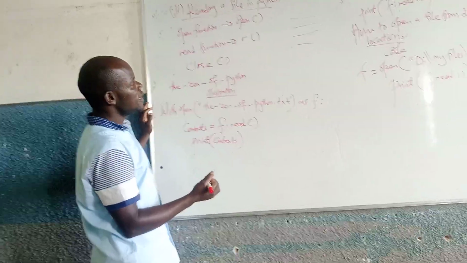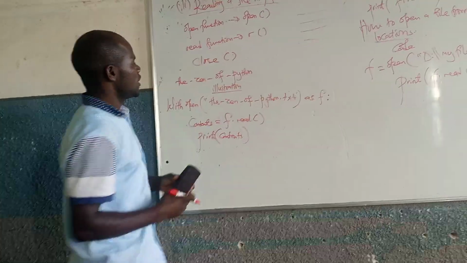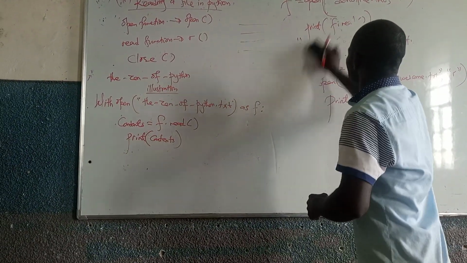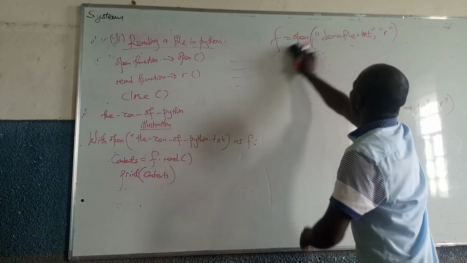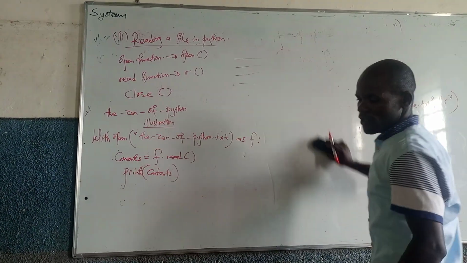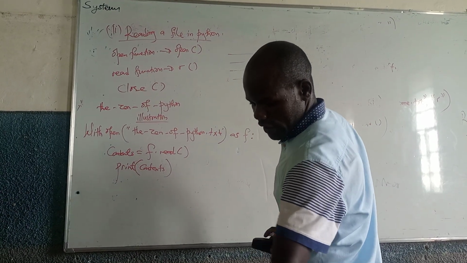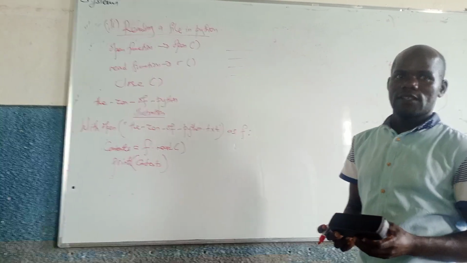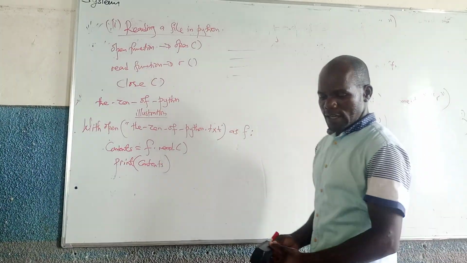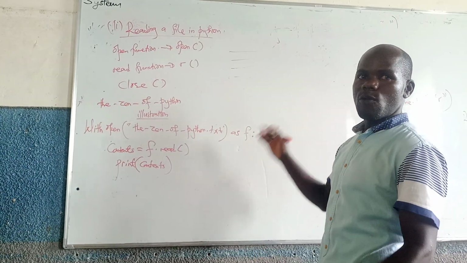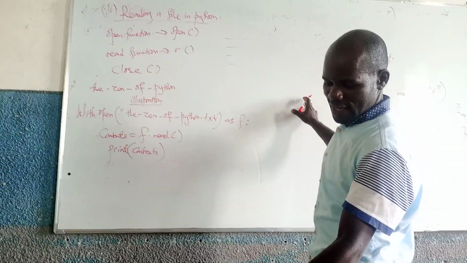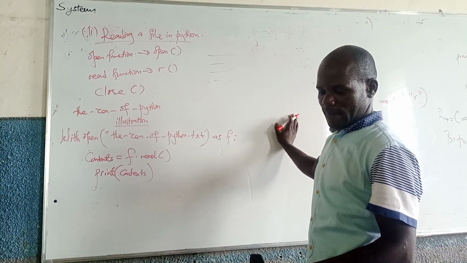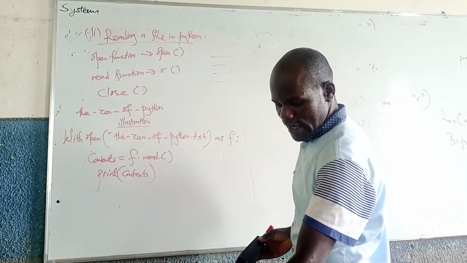Then the output: you can try that code, and you may realize that the output says beautiful is better than ugly, explicit is better than implicit, and simple is better than complex.